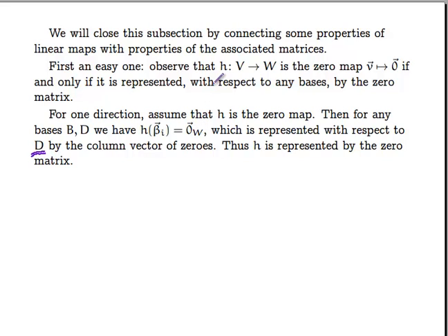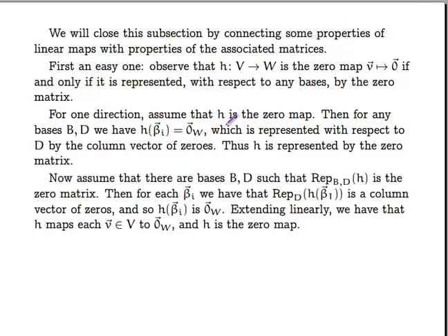All right. Now here we're trying to show that the mapping is a zero map if and only if it's represented by the zero matrix. We've shown that a zero map is represented by a zero matrix. Now we want to show that a zero matrix represents a zero map. And that you can just do by evaluating the mapping.